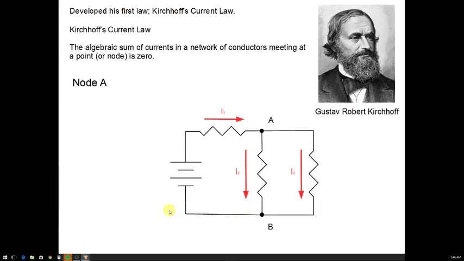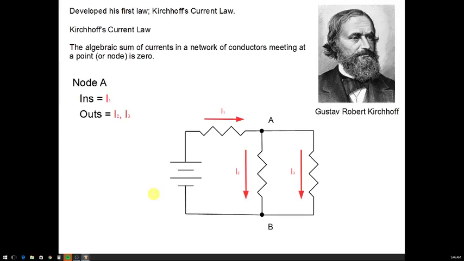So let's solve for node A and apply Kirchhoff's current law. We need to know all of our ins and outs. The current referenced coming into point A is I1, and that's the only one. The currents referenced coming out of point A are I2 and I3.